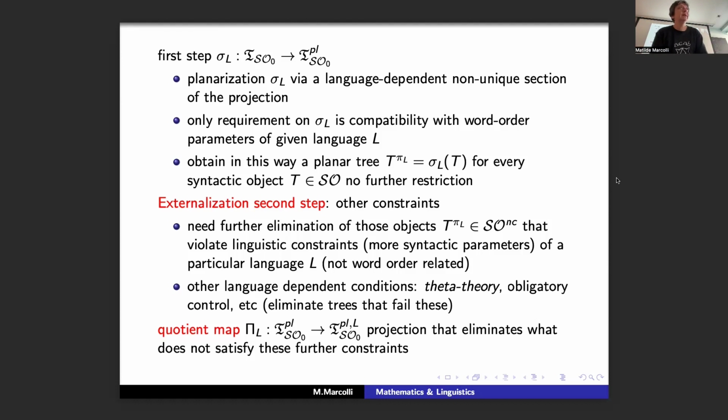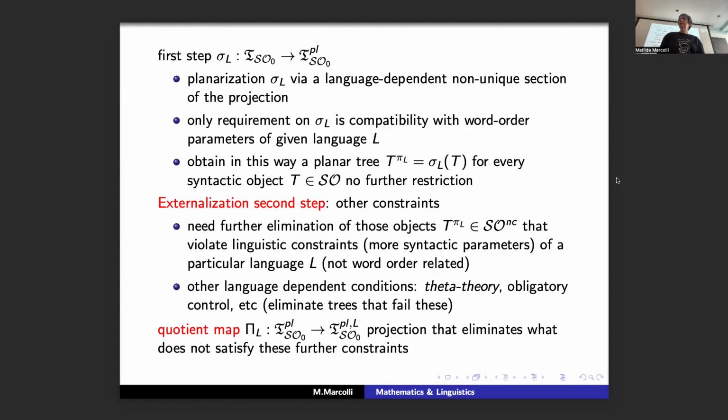So then really the language specific part comes in for the second step, right? The first step you're just lifting, and you haven't added any language specific. That's right. So you lift it in a way that doesn't violate the word order parameters of the language. Of course, you can also lift things that will eventually be killed by this quotient map. You simply planarize everything as long as the way you planarize it does not violate the word order structure of the particular language.